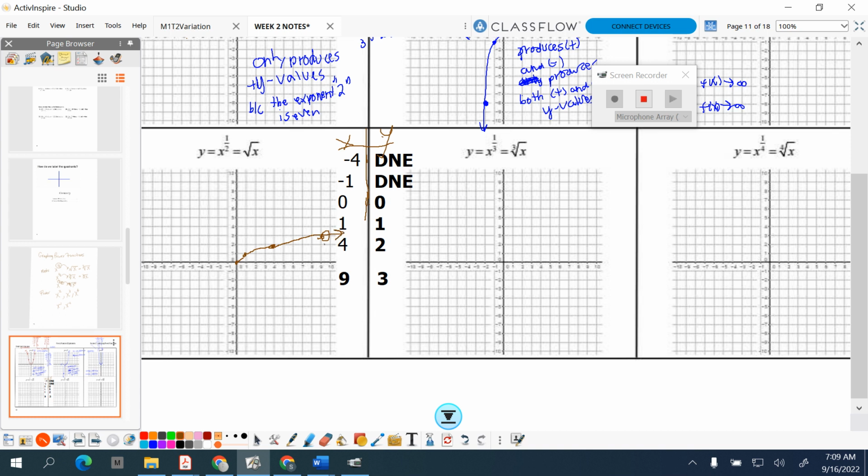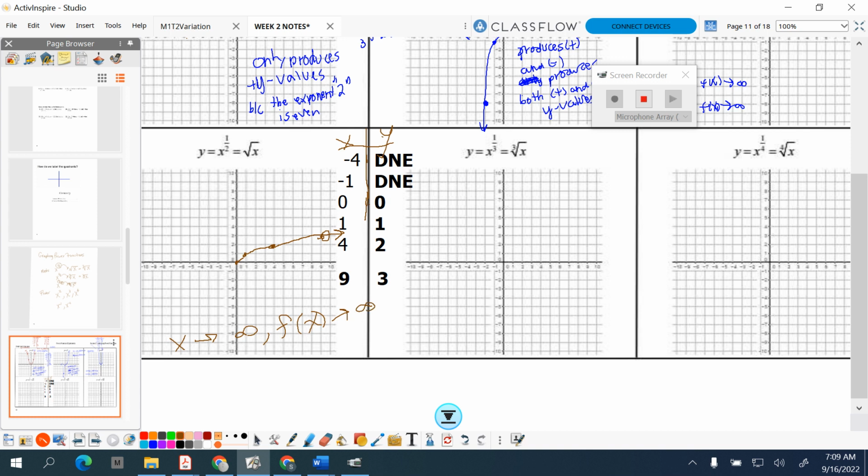All right. And so as we look at these x values, as they get bigger, my y values do get bigger as well. So I could write a statement that says as x goes to infinity, my y values go to infinity as well.